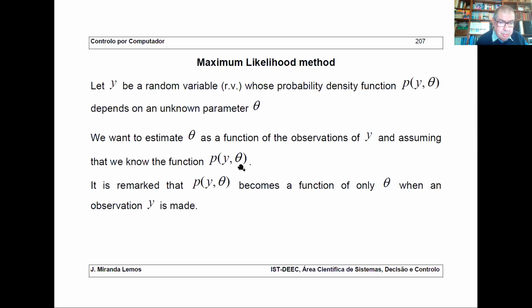So remember this: if you have a vector of observations for y, then this function becomes a deterministic function because y is no longer the random variable; it is the observations made of the random variable. So it's the value of the random variable for a particular realization. And this becomes a function of theta. Okay?